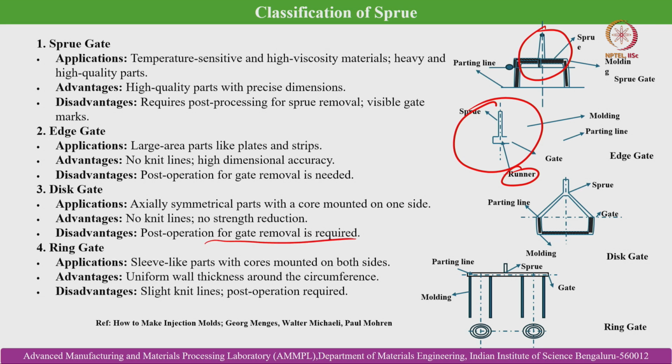And then the case of the ring gate. You can see from here that the gate is connected annularly, throughout the circumference of a cylindrical part. So, it ensures a uniform filling of the component cavity, filling all the locations at one go, at simultaneous speed and at simultaneous time.